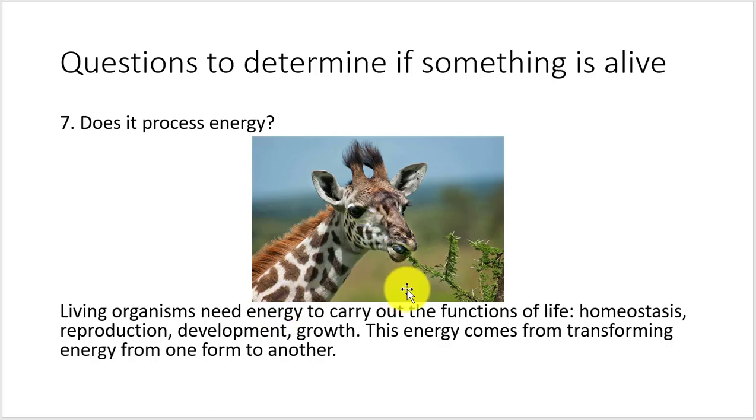We consume food, we break apart the chemical bonds in that food, and then we convert that stored chemical potential energy into a usable form. Plants use the energy from the sun to make their energy, but they're still transforming energy from one form to another, whether it's chemical potential energy to another form of chemical potential energy called ATP, or solar energy into chemical energy. We're transforming energy from one form to another.